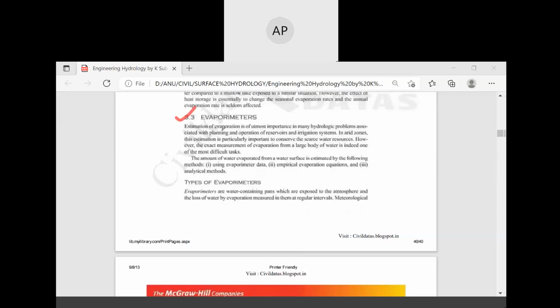Evaporimeters. Estimation of evaporation is an important part in hydrology. So in arid regions, this estimation is particularly important to conserve the scarce water resource. However, the exact measurement of evaporation from a large water body is indeed one of the most difficult tasks.